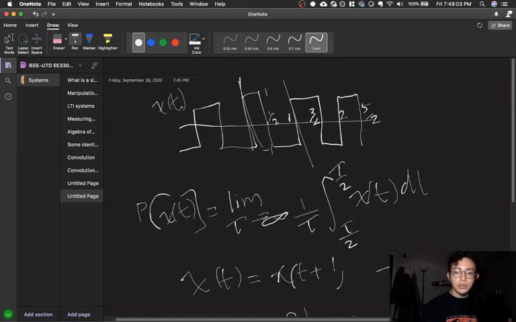I'm going to choose the period centered at 0. So it goes down at -1/2, goes up at 0, and is still down at 1/2.